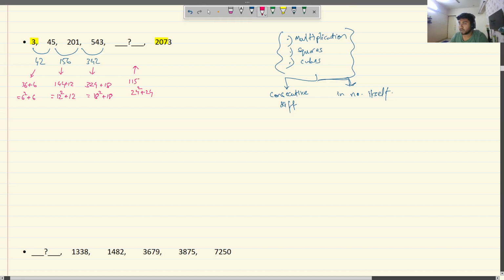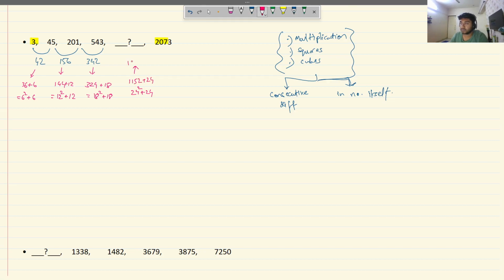1152 plus 24 gives us 1176. 1176 would be my missing number. So by coming down this road and looking at the numbers, finding the closest squares, we have found the solution, the logic.